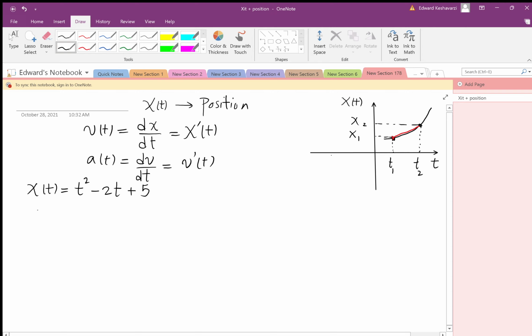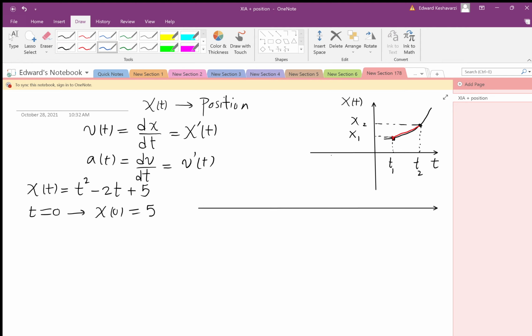So the question is, at t equals 0, what is our position? That's simple, because by plugging 0 here, you get 5. So it means at t equals 0, we are 5 units to the right side of the origin. For example, x equals 0 is the origin of the position, and at time t equals 0, x is 5.